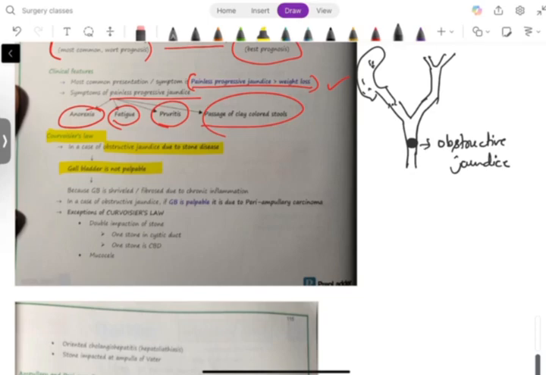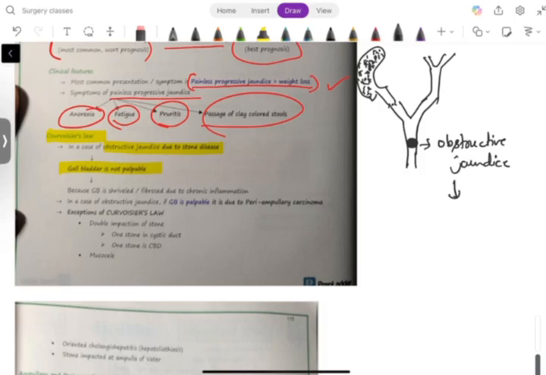so much chronic that all this gallbladder would have got fibrosed. So if a stone is leading to obstructive jaundice, then it will be chronic. It has been a very long time already for the stone to come here, obstruct and cause jaundice. By then, what happens? The gallbladder would have fibrosed and hence it will not be palpable.